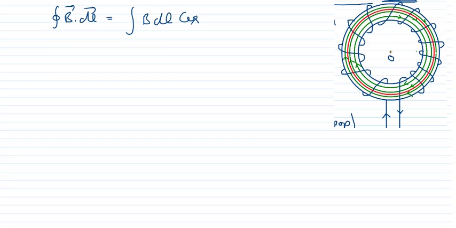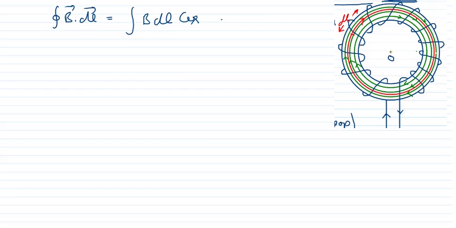Now these are the magnetic field lines, and on the red line, if I consider this small portion of length dl, then I think you can understand what is the angle between B and dl everywhere throughout the loop.